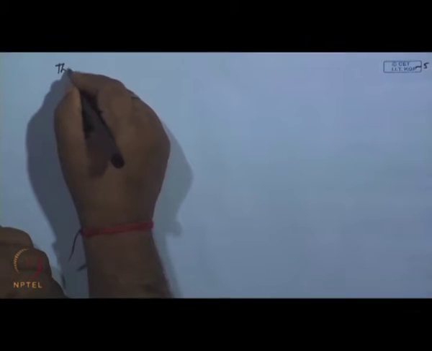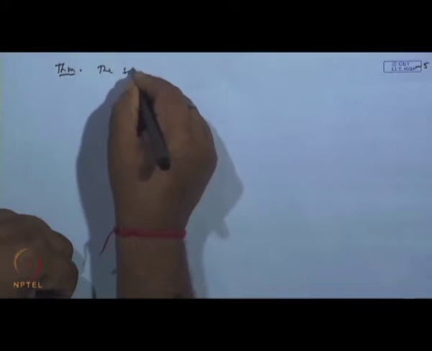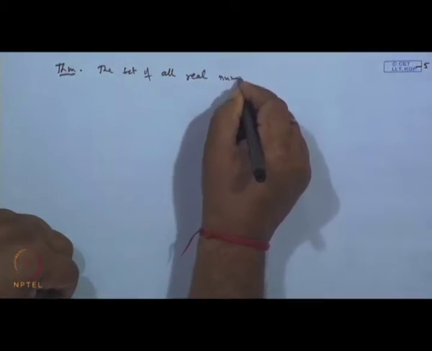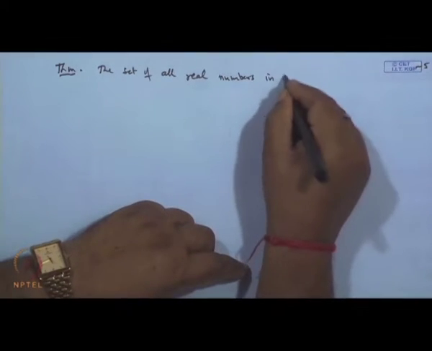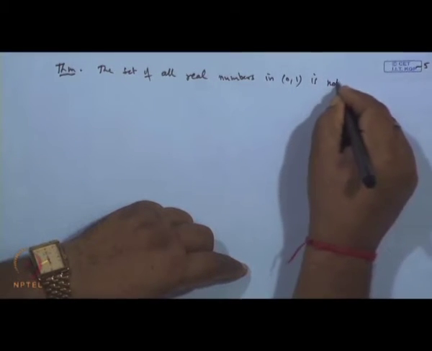then all the transcendental numbers become uncountable. So, let us see a few examples of uncountable sets. The first example, which is very important, is that the set of all real numbers in the open interval (0, 1) is not countable.